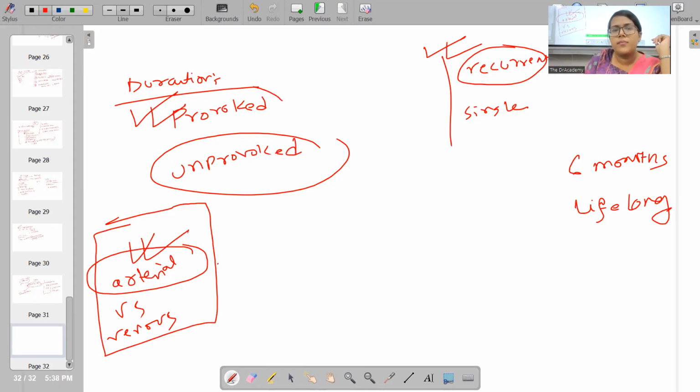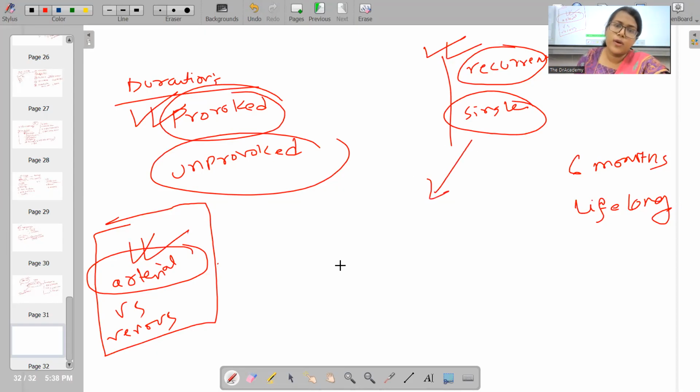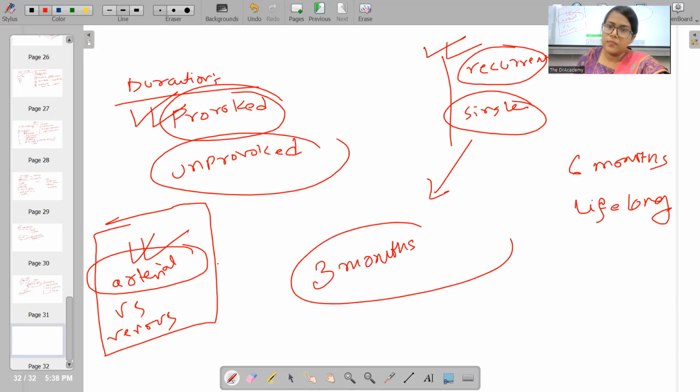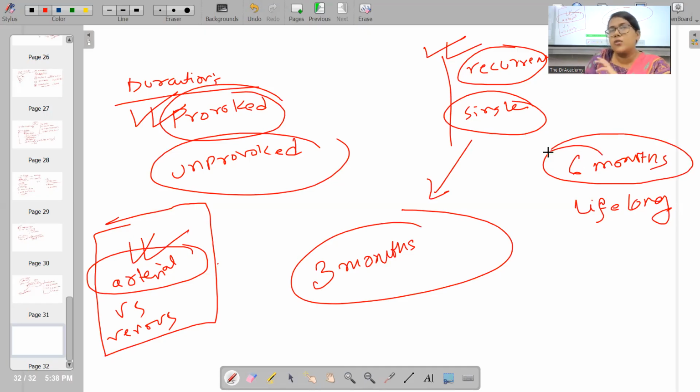If this is a provoked event that has happened only a single time, and there is no immediate risk factor, in that case we can go for anticoagulation for 3 months. However, 6 months is ideally given nowadays, okay? And if there is no risk factor in the long term, then there is no reason to go for lifelong anticoagulation, because it causes complications like bleeding.